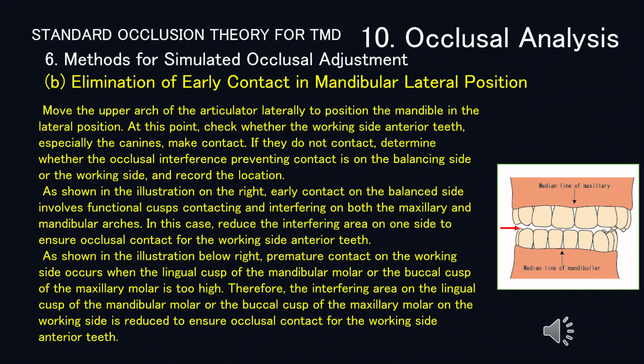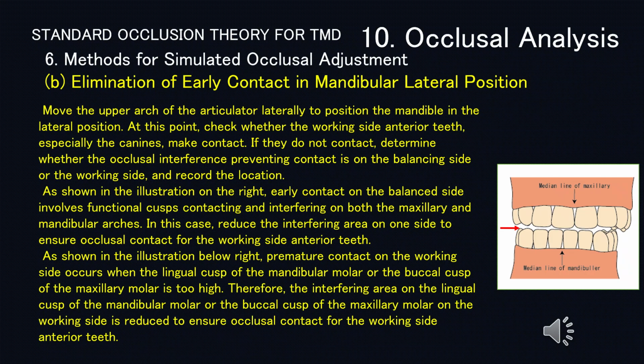If they do not contact, determine whether the occlusal interference preventing contact is on the balancing side or the working side, and record the location. As shown in the illustration on the right, early contact on the balancing side involves functional cusps contacting and interfering on both the maxillary and mandibular arches. In this case, reduce the interfering area on one side to ensure occlusal contact for the working side anterior teeth.